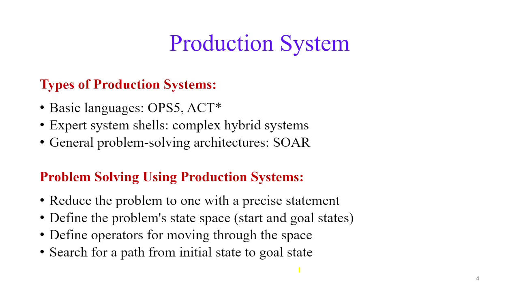The last one, step 4, is to search for a path from the initial state to the goal state. This is where the control strategy comes into play. The system applies the rules and operators iteratively and explores the state space until it finds the goal state.